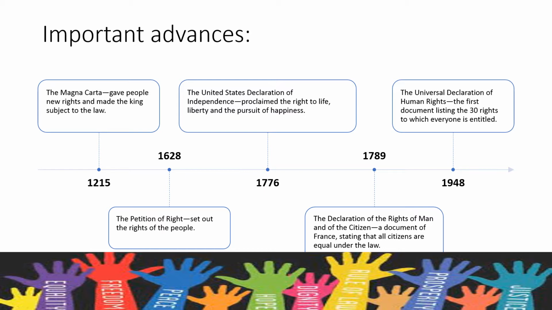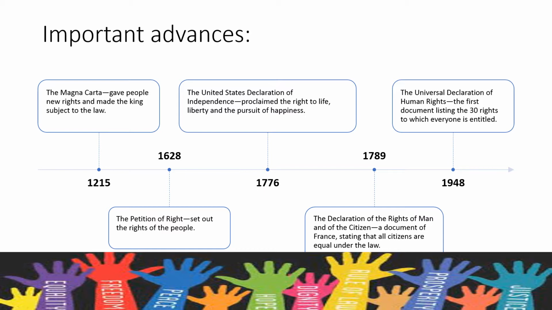And let us look at some of the important advances when it comes to the development of our rights. They would say that it started during the time of Cyrus, when he declared some rights given to the people that he colonized.